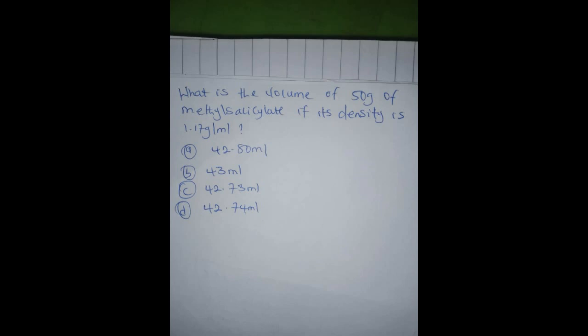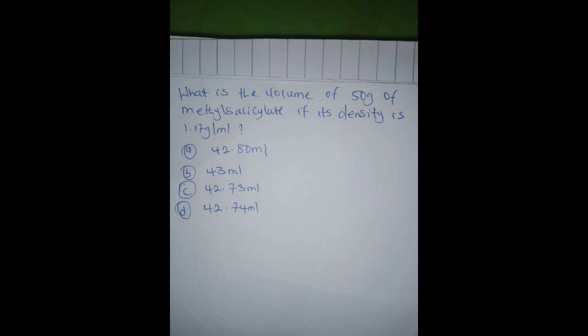For option D, I will choose option D with my full chest, because taking them at face value, we have 5 behind that 3, so rounding up will give you 42.74.